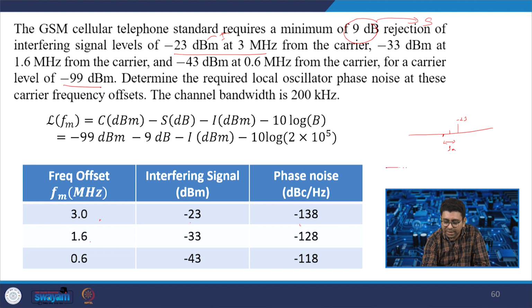So you can see that as we get nearer to the carrier frequency, the phase noise requirement is relaxed, because the interfering signal level is smaller. At 0.6 megahertz, the interfering signal is minus 43 dBm, and you need to have at least minus 110 dBc per hertz at the offset frequency of 0.6 megahertz.